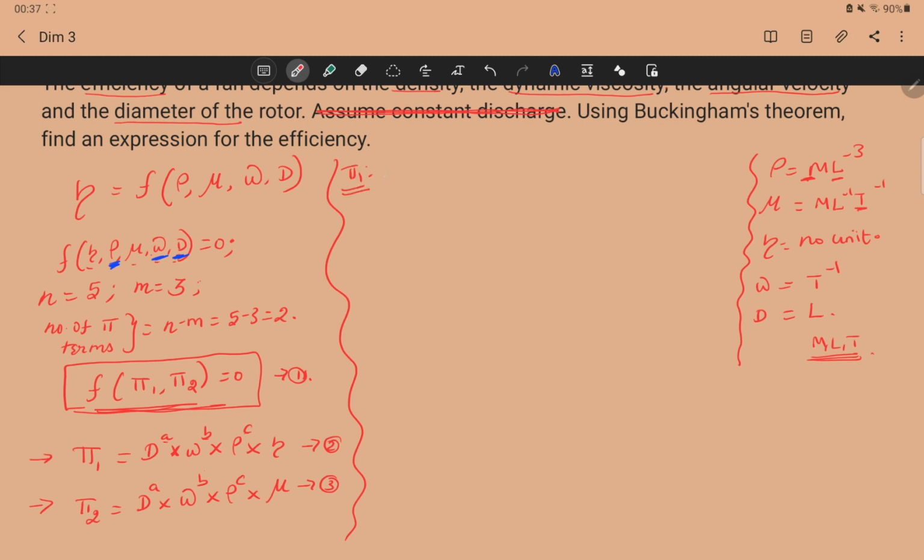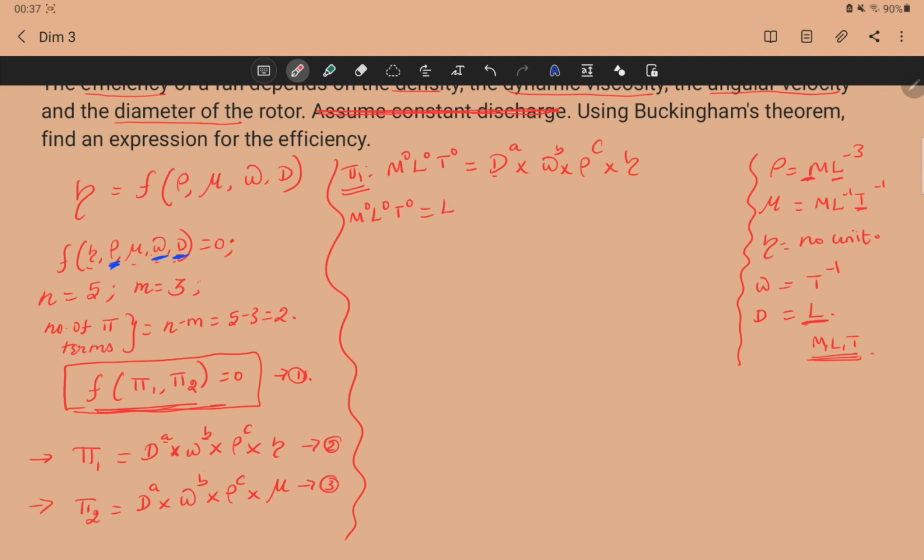Pi 1 is a dimensionless term. So M power 0, L power 0, T power 0 equals d power a times omega power b times rho power c times efficiency. I'm going to write all of them in dimensional form. What is the dimension for d?